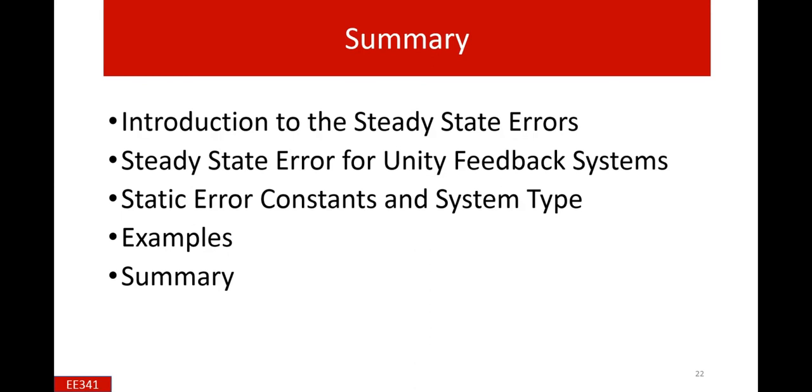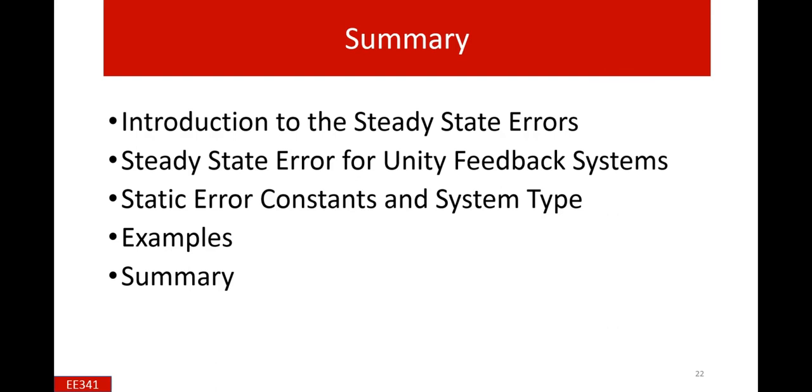So the lecture is lengthy, so try to compile the whole situation. First of all, this lecture started with the introduction of steady state error, and we always discussed the steady state error for unity feedback systems.